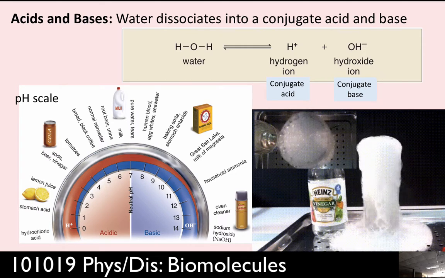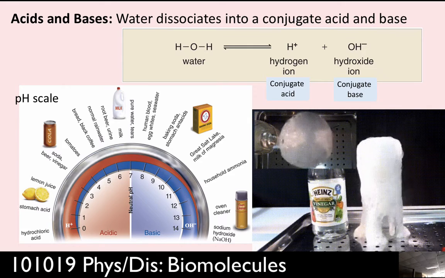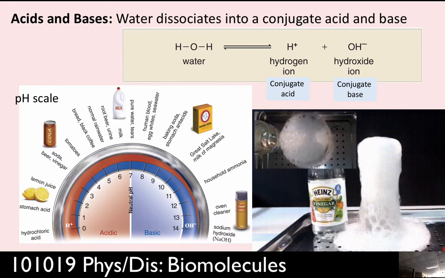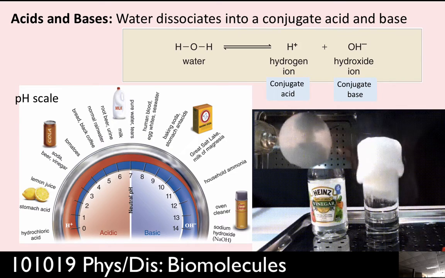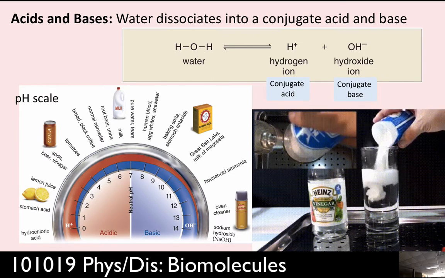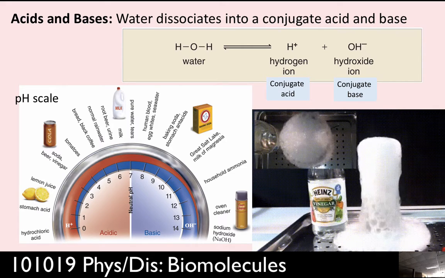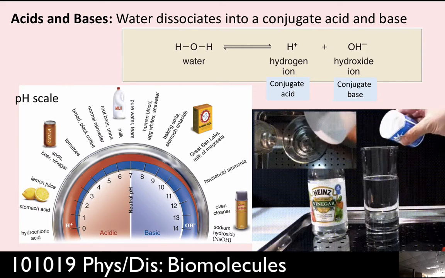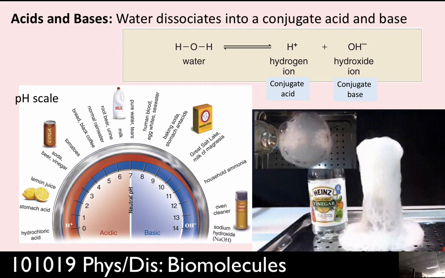Here is acetic acid. This is an acid, right? Because it has this proton that it would like to donate. I'm just going to abbreviate this to CH3. This is acetic acid, this is the acetate ion and the hydrogen ion.